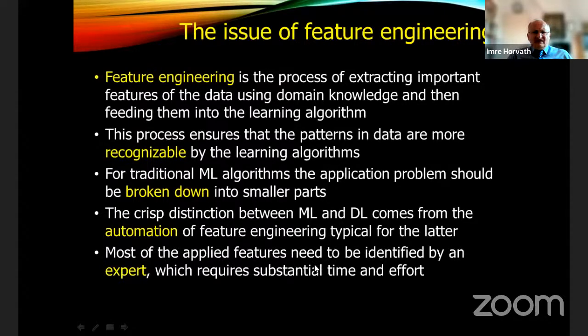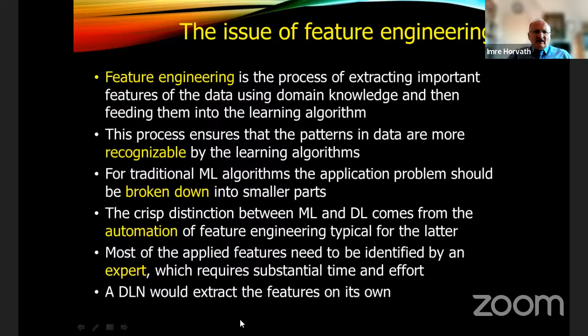Most of the applied features need to be identified by an expert in the traditional case, which requires substantial time and effort. The goal of developing sophisticated deep learning architectures is to spare this time and effort. And it can be achieved by the fact that deep learning networks extract the features on their own.